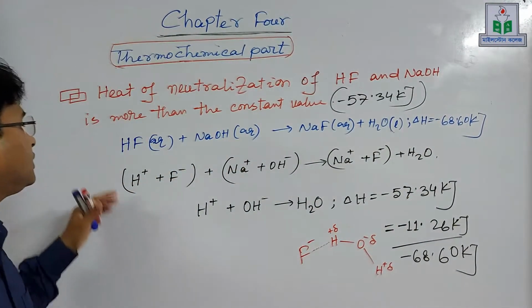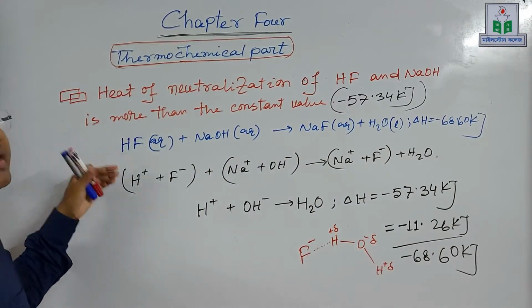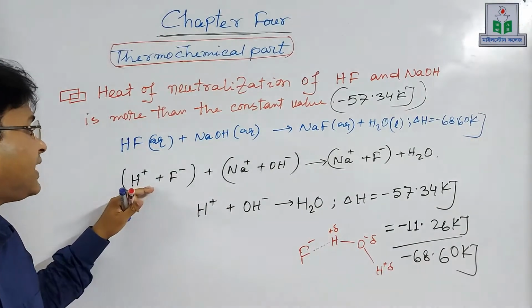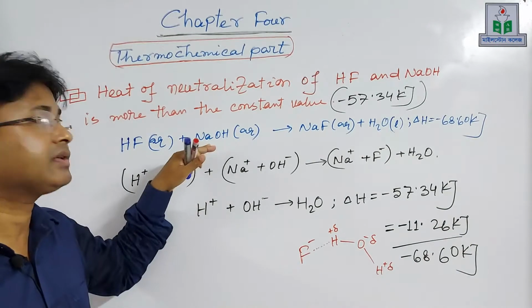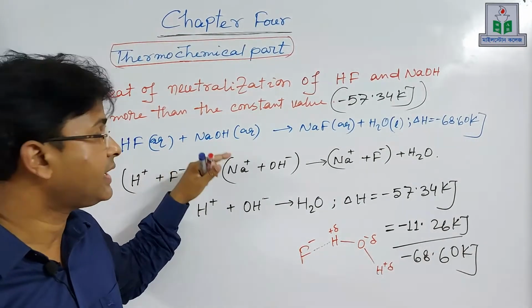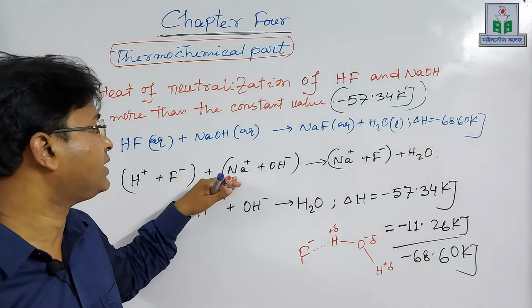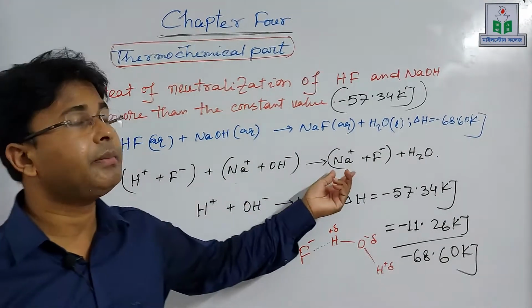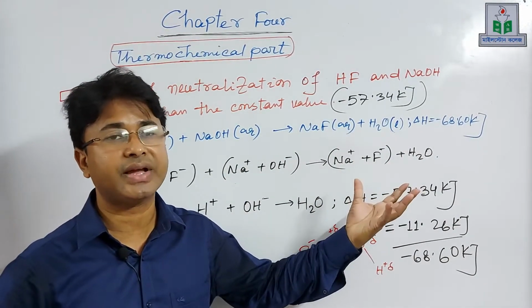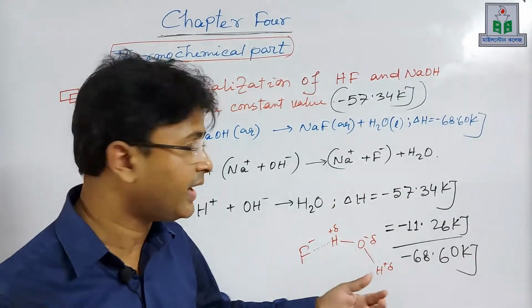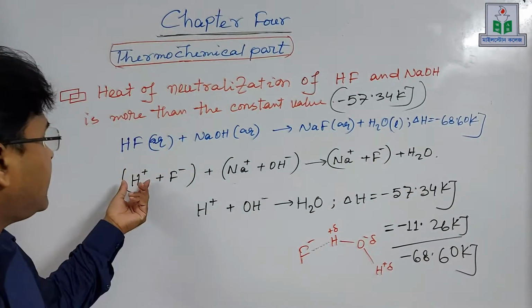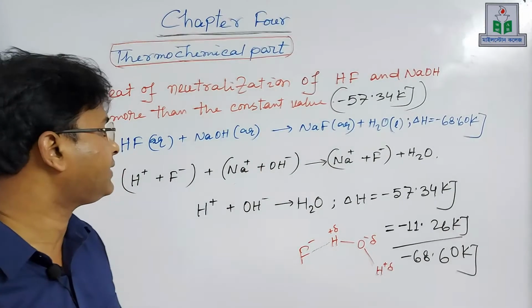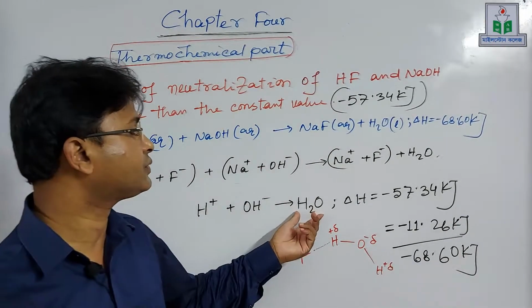Here you know that hydrogen fluoride ionizes in the aqueous solution to produce hydrogen ion and fluoride ion, and sodium hydroxide ionizes in the aqueous solution to produce sodium ion and hydroxide ion. Sodium ion and fluoride ion exist in the reaction system as spectator ions, and hydrogen ion combines with hydroxide ion to produce water.